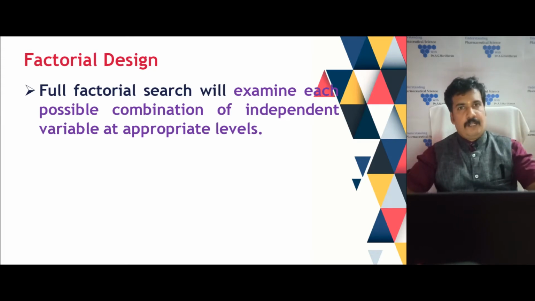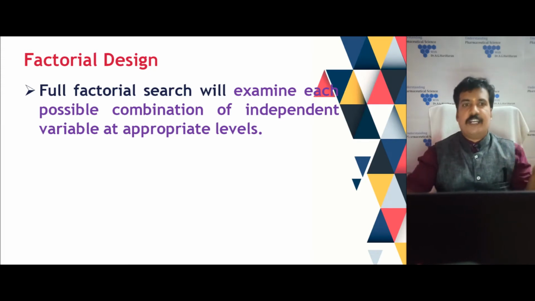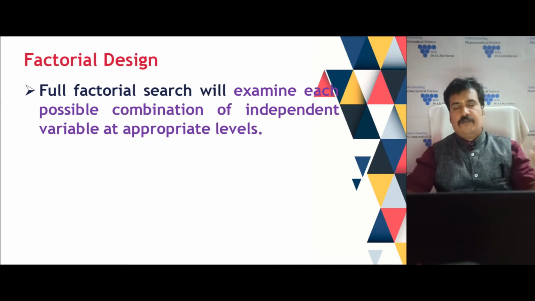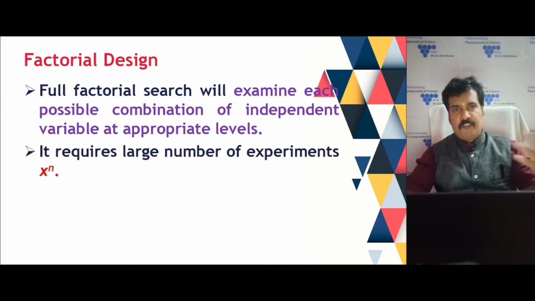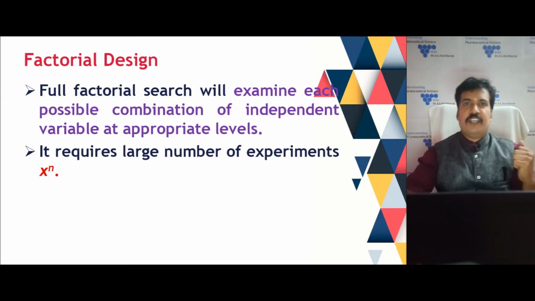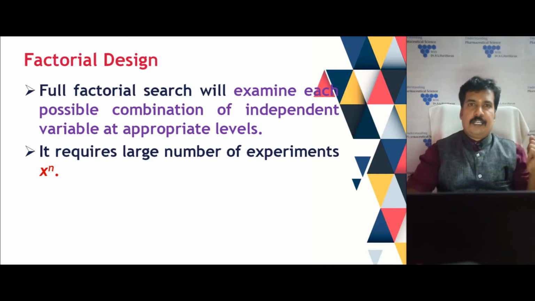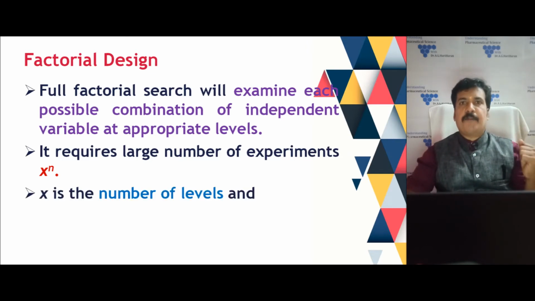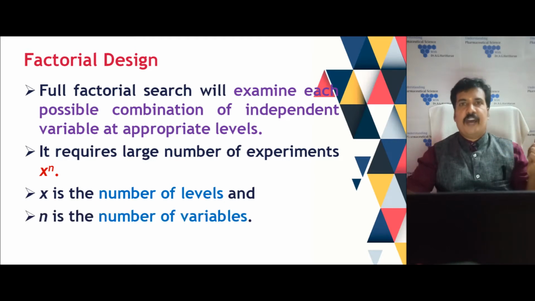Otherwise, the number of experiments keeps increasing. If you perform a factorial design, you can identify how many experiments are needed by a simple mathematical formula, x to the power n, where x is the number of levels and n is the number of variables.